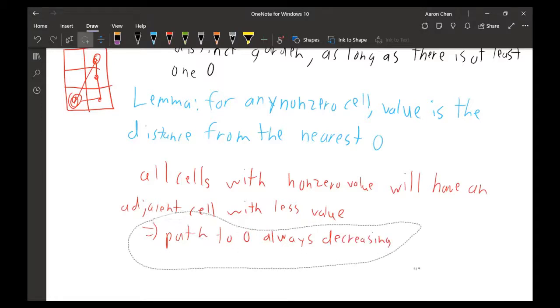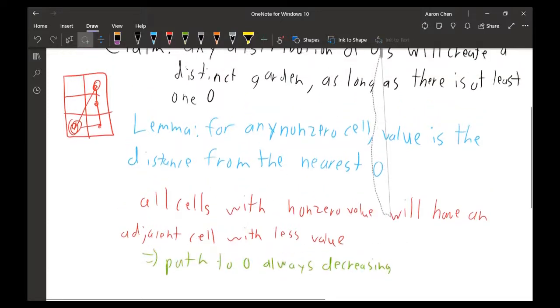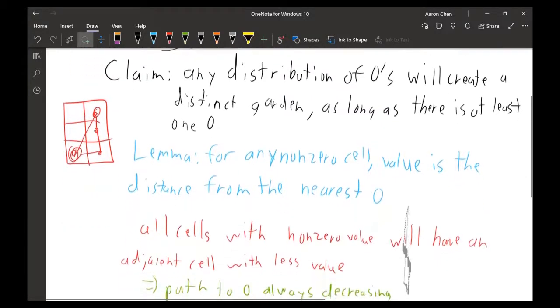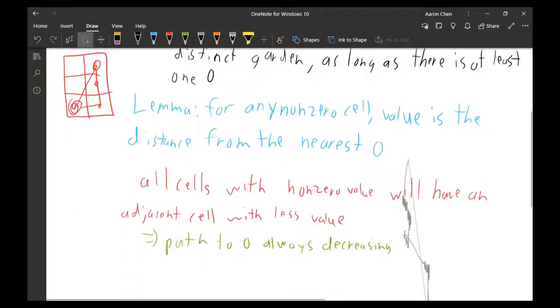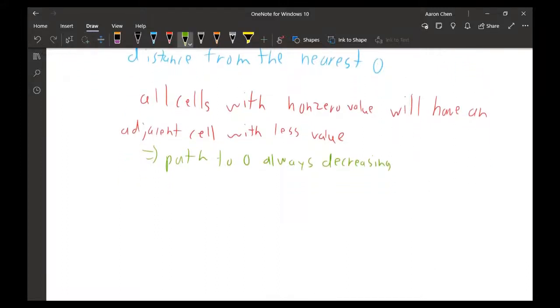And of course, now what we can use is condition 1. Condition 1: the difference between any two adjacent elements is either 0 or 1. We already confirmed that the path is always decreasing, so the difference cannot be 0, which means that the difference is always 1.